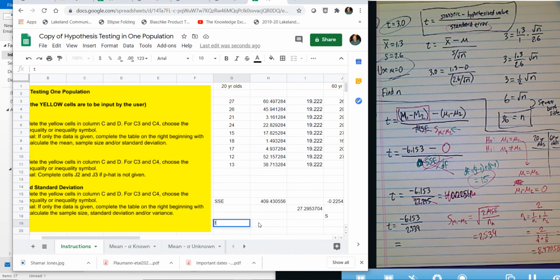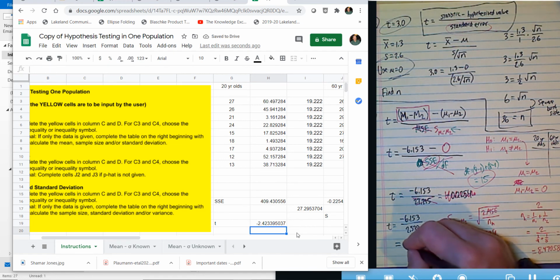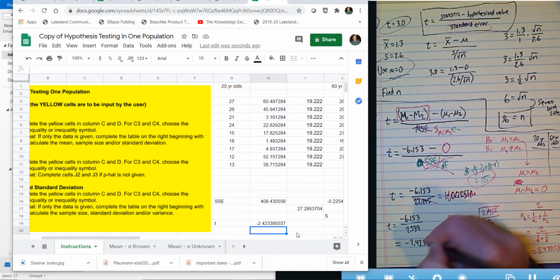T equals negative 6.153 divided by 2.539. Negative 2.4233. Okay, so that's my t-value.